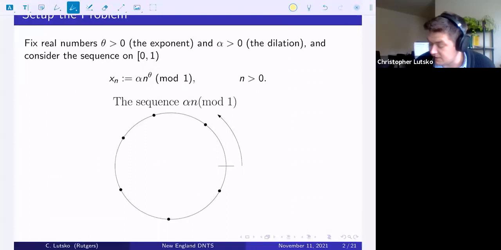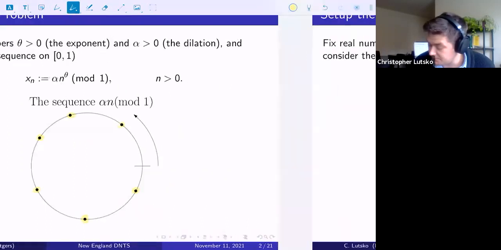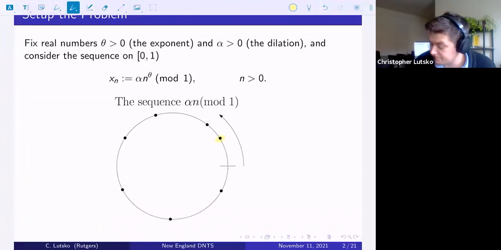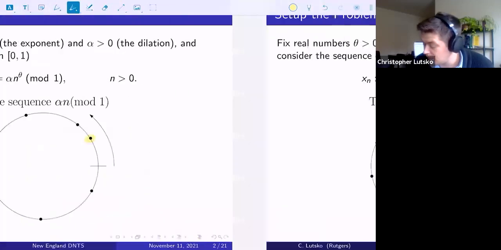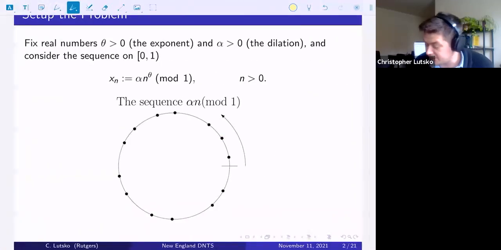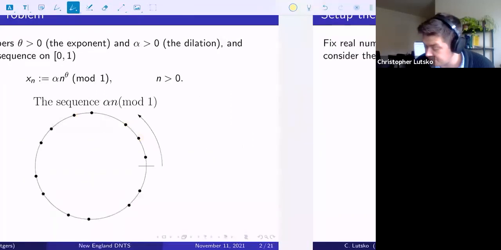And then as n ranges through the integers, we pick up more and more points. All of these angles should be the same, but I've drawn them kind of badly, until we get all the way around the circle, and then we just keep going. As we keep going, we fill in the gaps, or in this case, if alpha is rational, then we'll eventually get a periodic orbit. So that's the case when the exponent is 1.